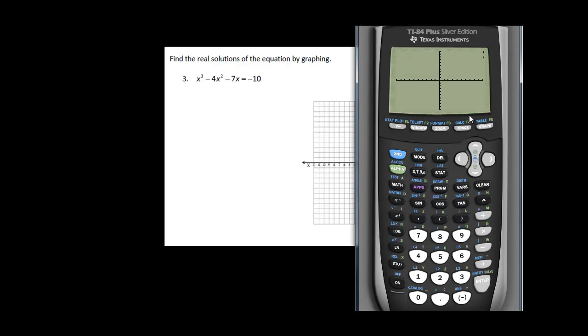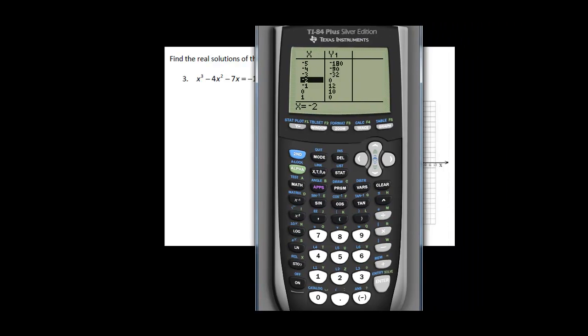Just going to take a peek at how it looks here. Alright, so let's get some points. So second table, let's go up a little bit, see if there's any other points here. So negative 2, 0 is definitely a point that we can plot.